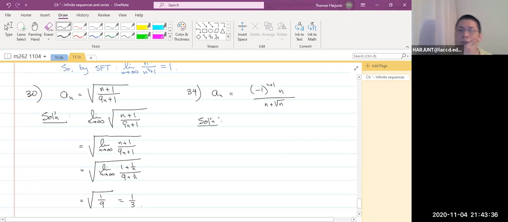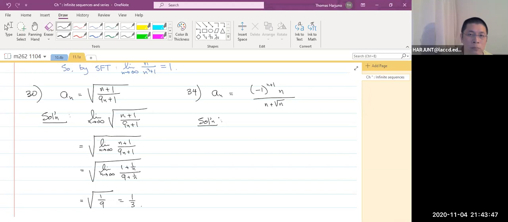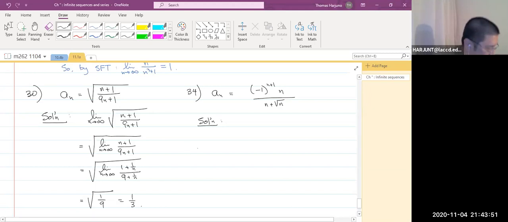I wonder how to do this one. I think this is divergent though. But let's see. This is the limit as n goes to infinity of -1 to the n plus 1 times n over n plus radical n.